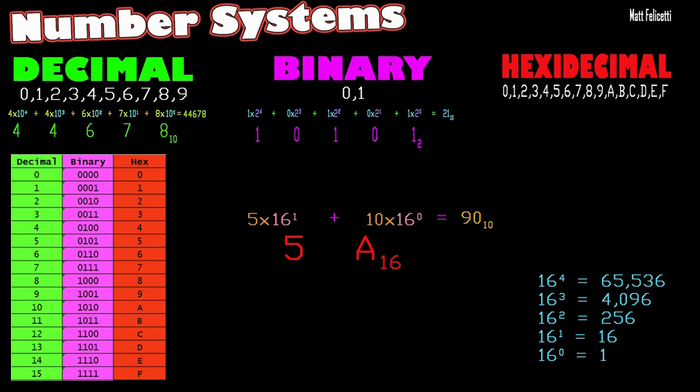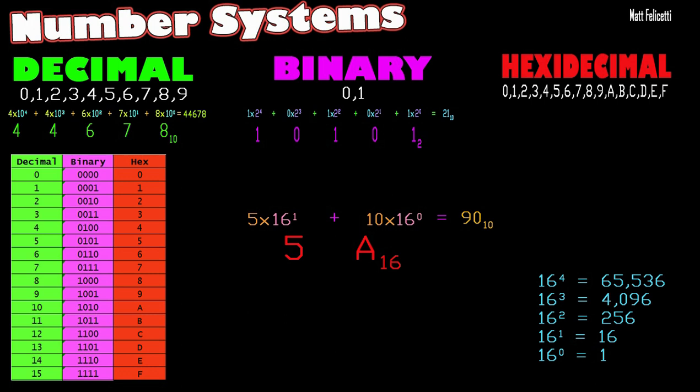So 90 in decimal is the same thing as 5A in hexadecimal. Now, as I said before, hexadecimal is really nice because it's really quick to convert from hexadecimal to binary and binary to hexadecimal compared to the conversion to decimal, which requires a little bit more work. So often we'll use hexadecimal and binary quite a lot, and decimal when we need it for more mathematical operations.